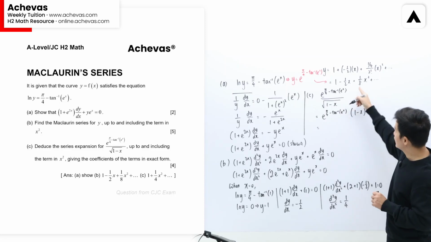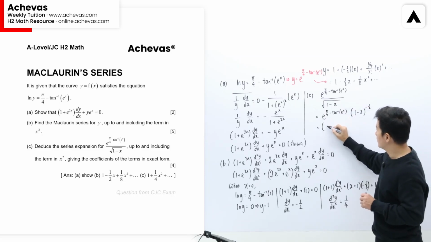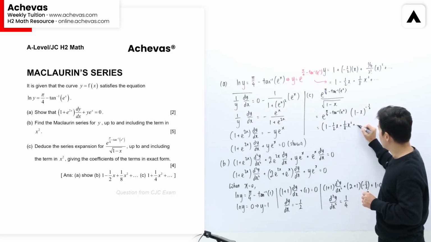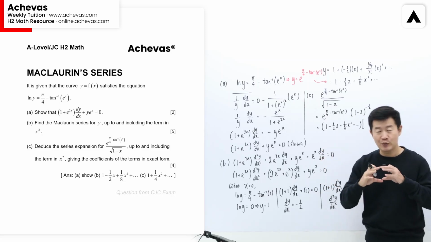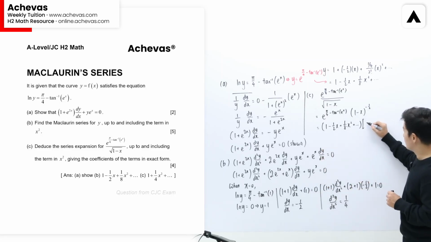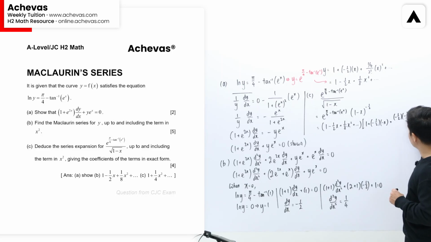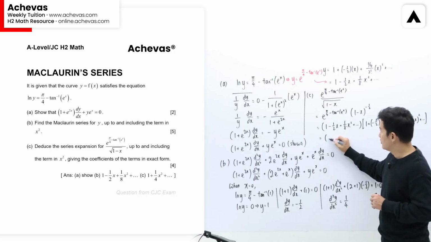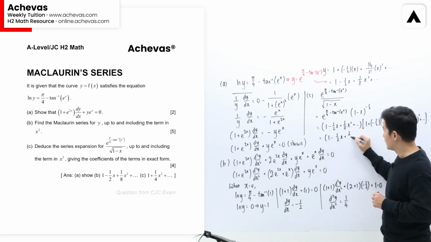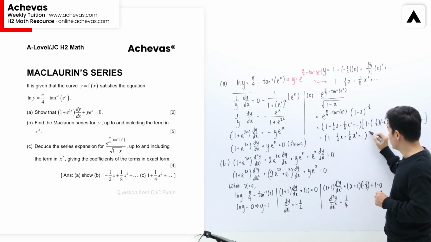So re-expressing this using the previous result into a polynomial, we are going to be getting 1 minus half x plus 1 over 8 x squared, and so on. As for this, making use of the formula that is inside our formula sheet to re-express it into a polynomial, it is going to be 1 plus minus half times minus x plus minus half times minus 3 over 2 divided by 2 factorial times minus x squared, and all the way until infinity.